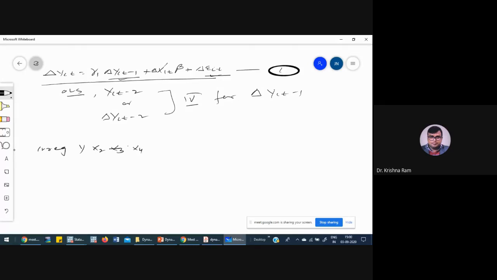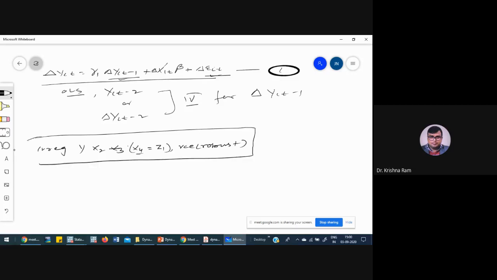And if x1 is the endogenous variable, and let's suppose that z1 is a suitable instrument for x1, then we use robust standard errors. You use this regression equation in a cross-sectional case.